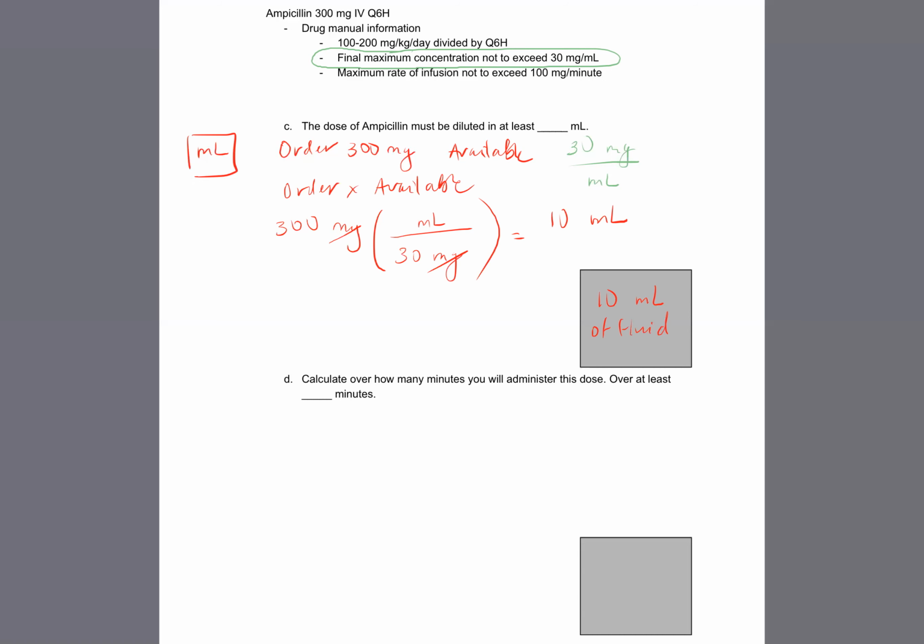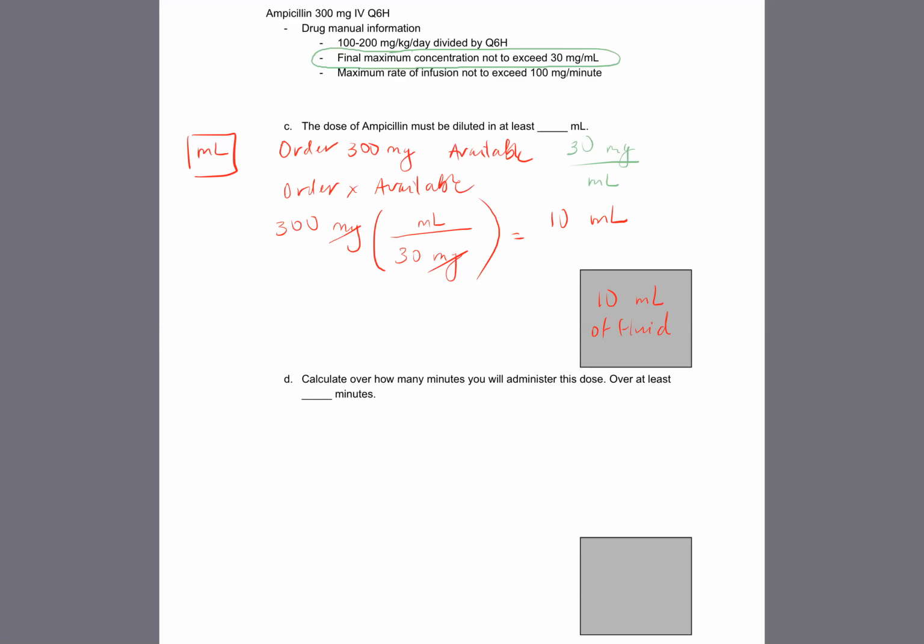And the fluid, depending on what the drug manual information says here, you'd have to look it up on Lexicomp. It could be either D5W, sterile water, or NS. So it just depends on what your drug manual tells you to dilute the medication in, but it has to be at least 10 mLs of fluid.